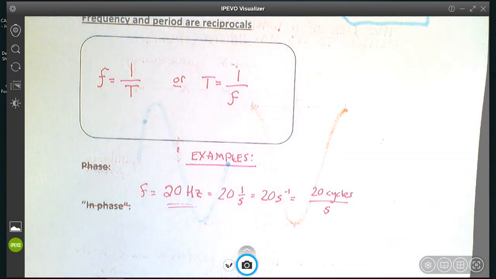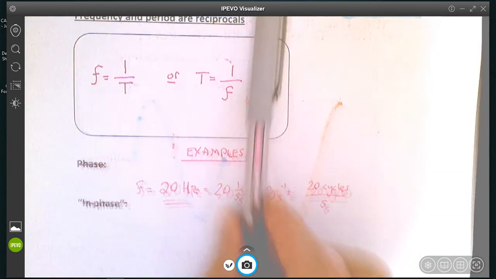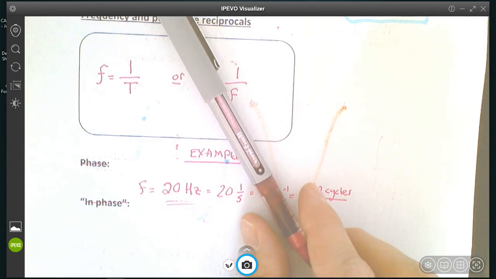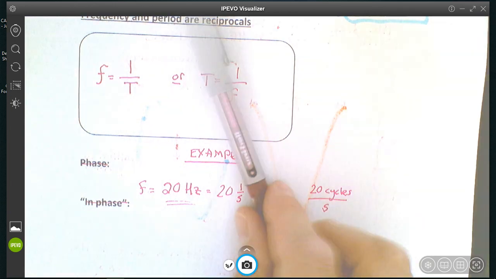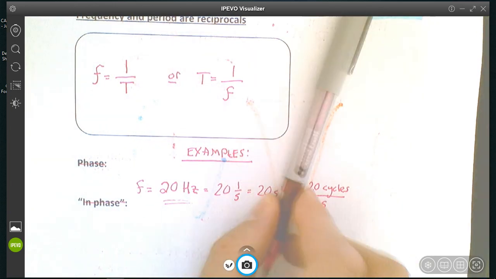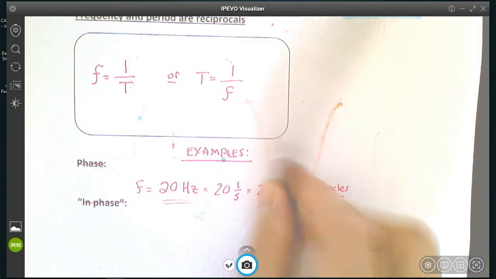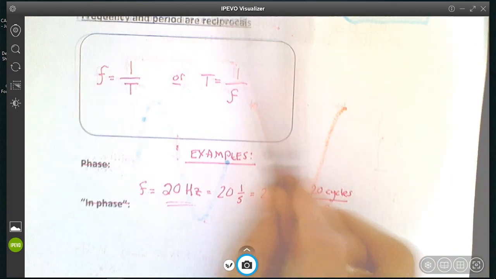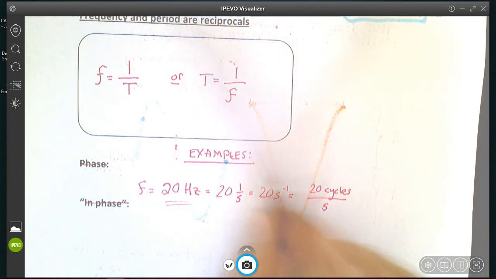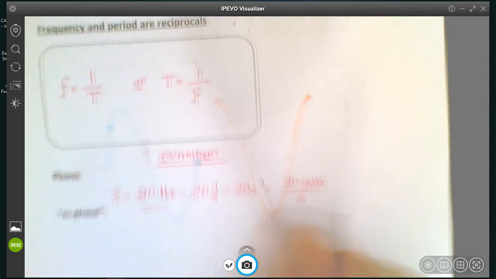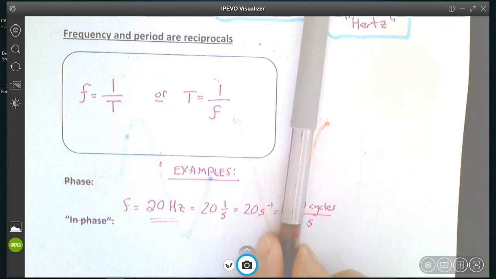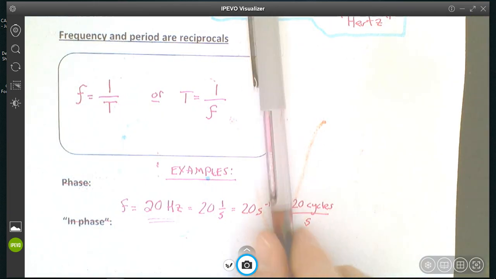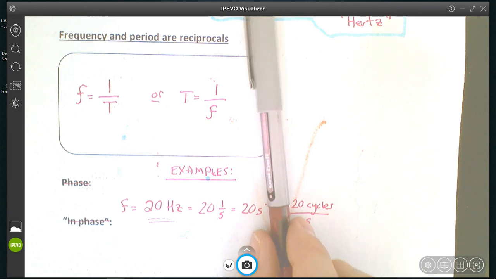So this tells me that if it was a pendulum swinging, or me taking this pencil or this pen, starting it here, I would have to go there, there, there, basically 20 times in 1 second, right? I don't know if that's 20 times a second. I probably have to go even faster if I tried to do 3,000 cycles per second.